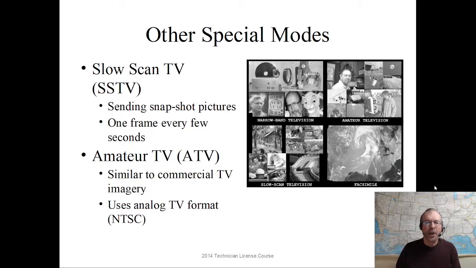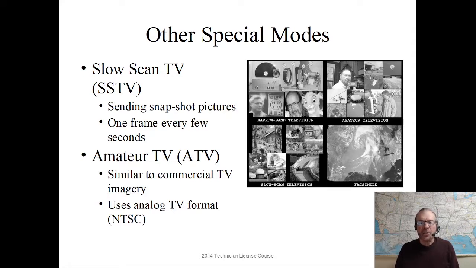Other special modes are slow scan TV, SSTV, or sending snapshot pictures via slow scan TV. Slow scan TV is used on the HF bands because it takes up very little bandwidth. If you want to hear what a slow scan TV signal sounds like, you can go to 14.230 megahertz upper sideband and listen on that frequency, and you'll hear a funny sound, and that is the sound of pictures being sent on 20 meters.